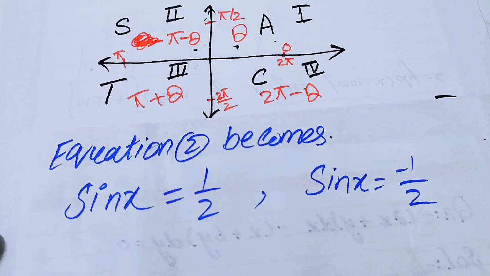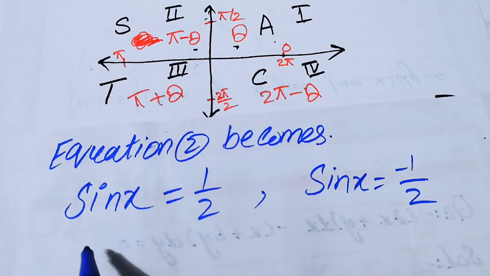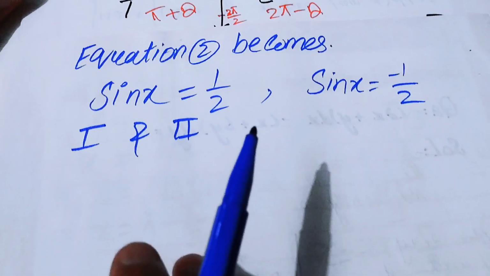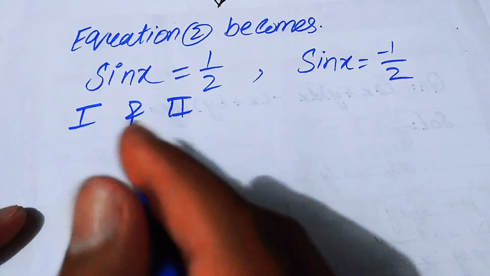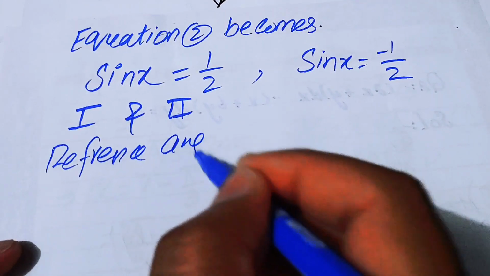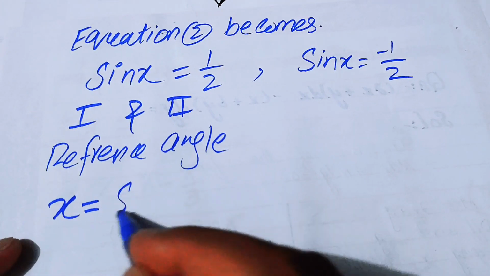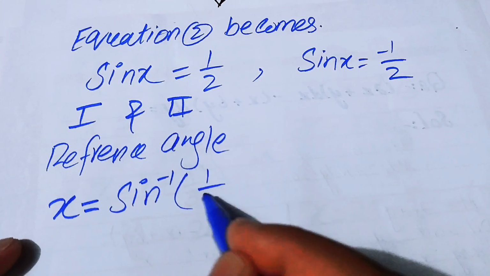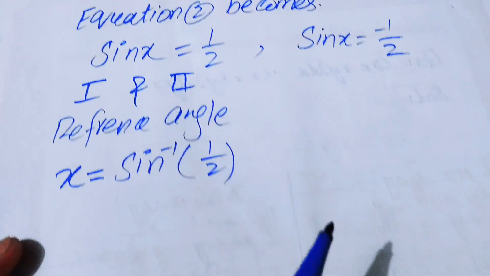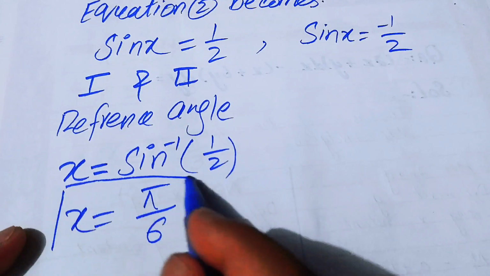Here you see that sin x is positive, and it is positive in the first and second quadrants, with reference angle x equals sine inverse 1 over 2. The value of sine inverse 1 over 2 is pi by 6. So this is the reference angle which I can use.